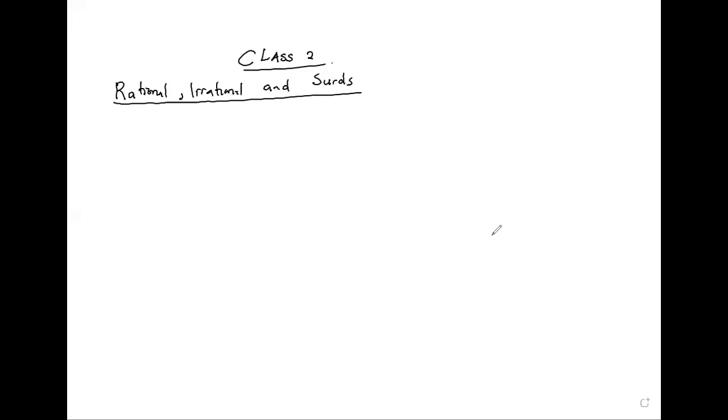Next, so we are on question 1C, the same paper that we are doing. Question 1C1: rationalize the denominator of each of the following.